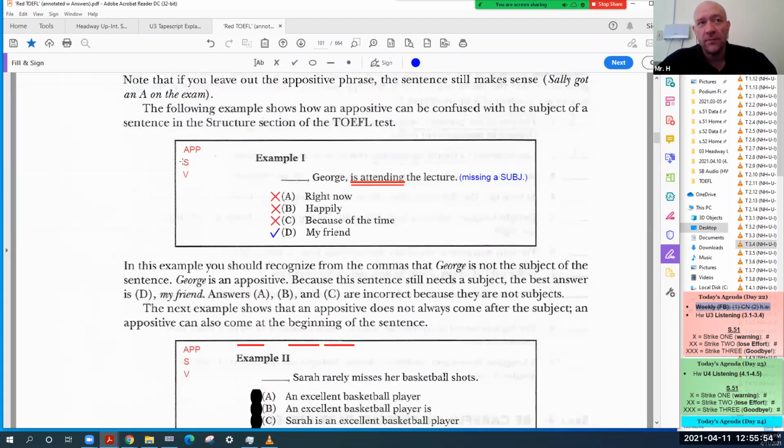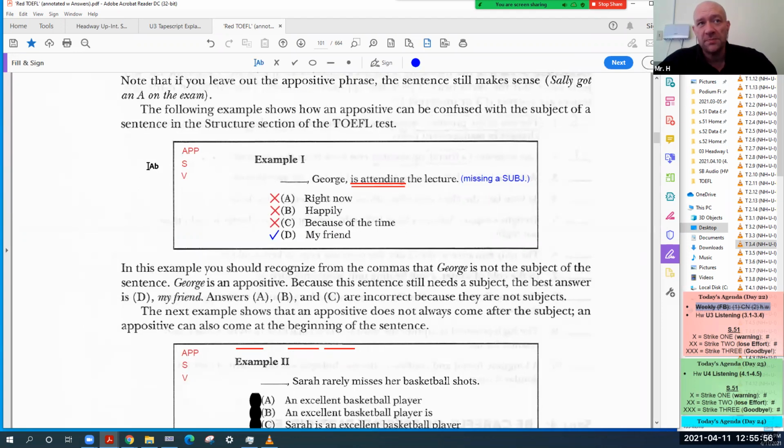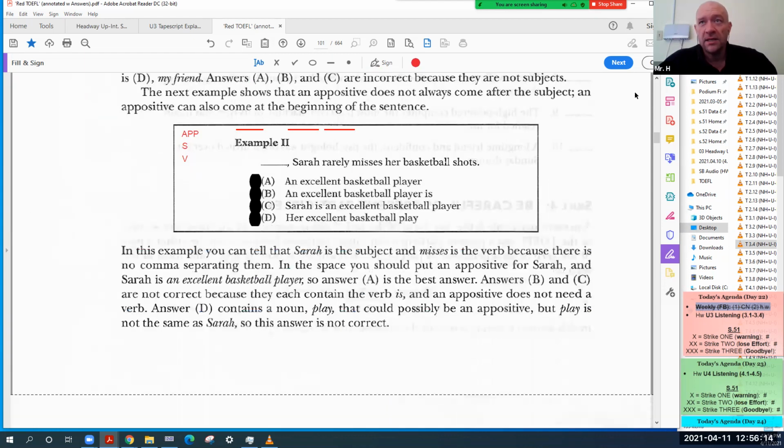What comes at the beginning here? A subject. Subject is first, right? And then what? Appositive. And then what? A verb. Okay. All right. Let's do the next example.